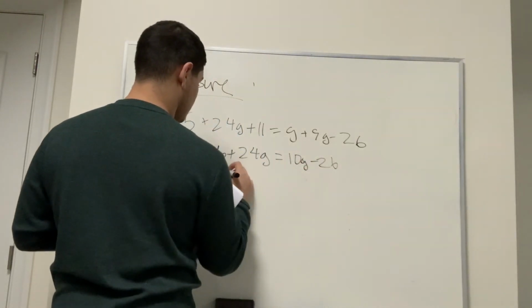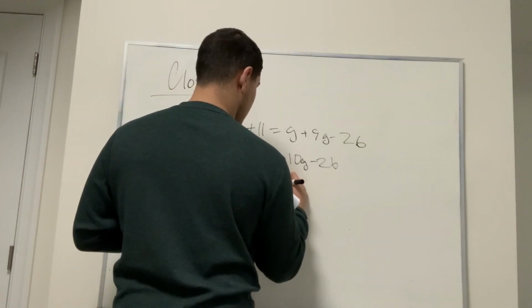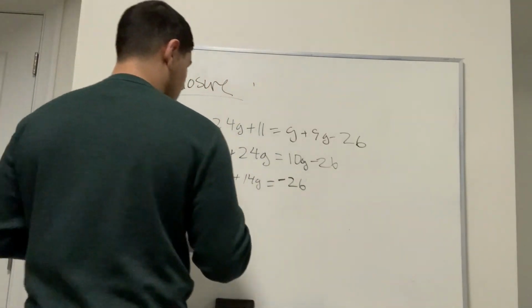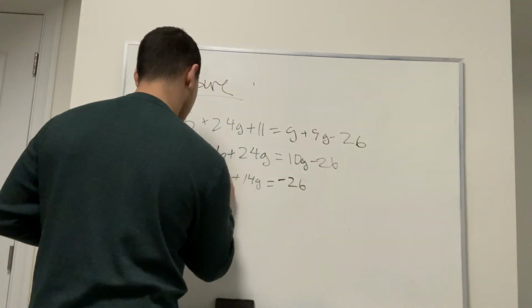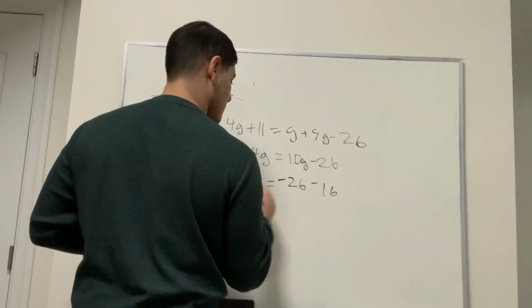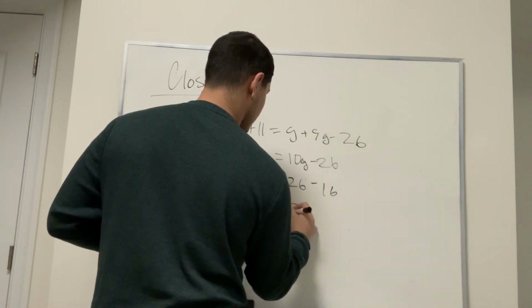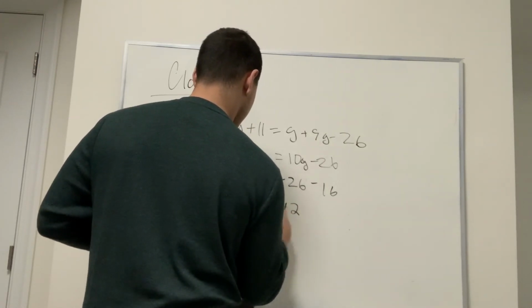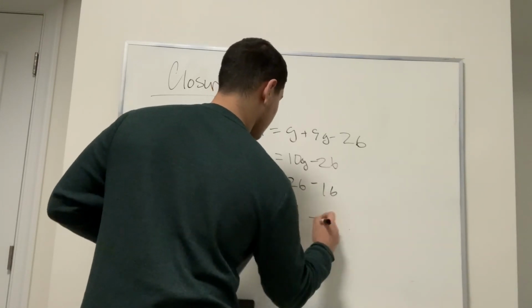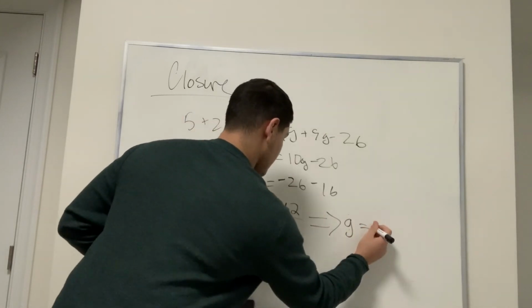Subtract 10g, I'm going to get 16 plus 14g equals negative 26. Subtract 16. Subtract 16, I'm going to get 14g equals negative 42. Divide by 14, divide by 14, g equals negative 3.